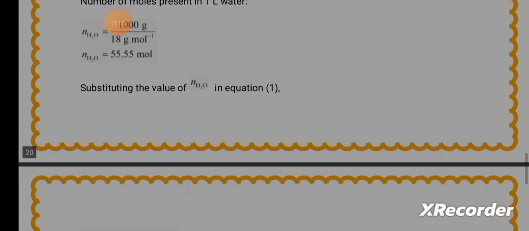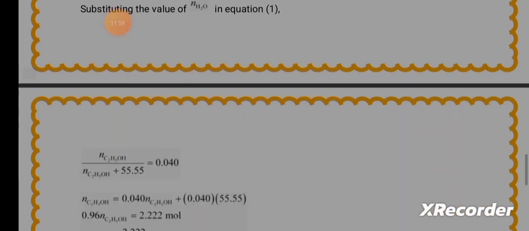Now substitute the value of this number of moles in equation 1. You will get this equation, that 0.040 is equal to number of moles of ethanol upon number of moles of ethanol plus 55.5.